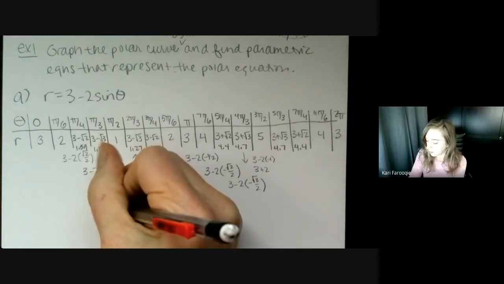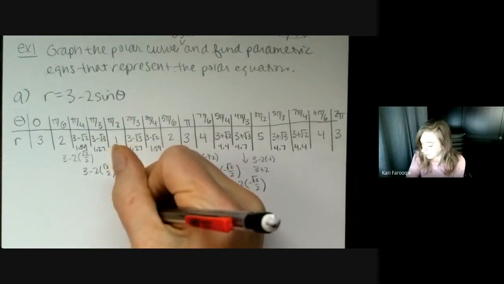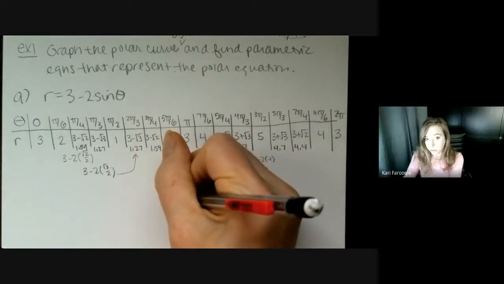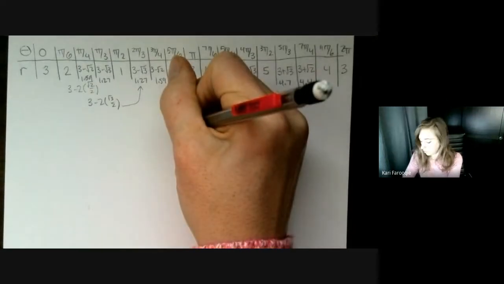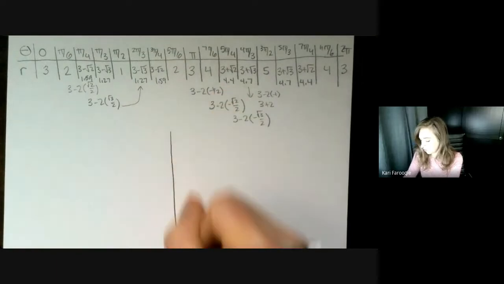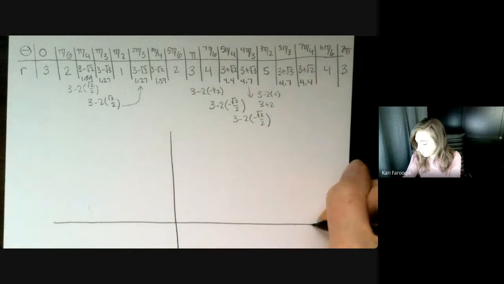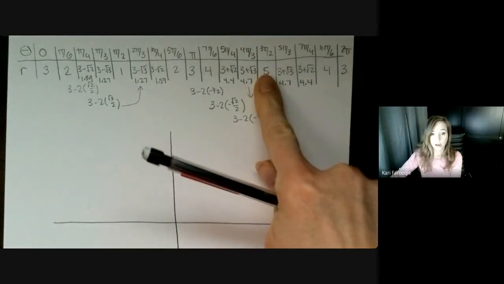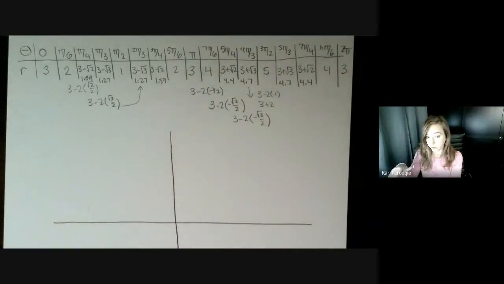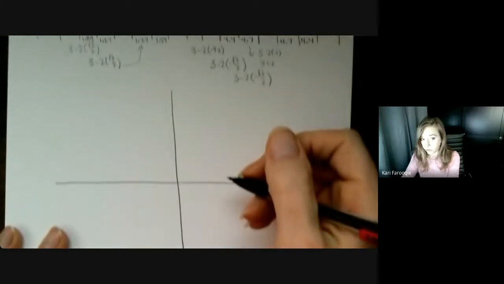Okay, so let's see here. I'm going to make this big and huge because I want to be able to see all these little fine points. The largest value I have for r is 5. So I need to take this out to r equals 5 concentric circles.